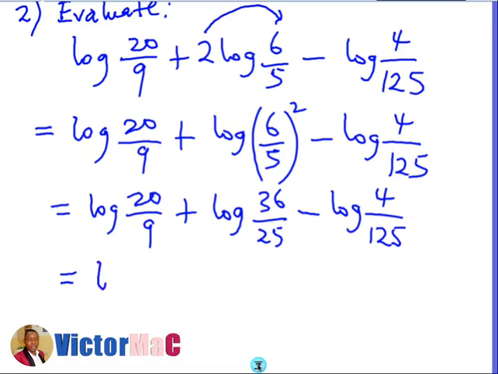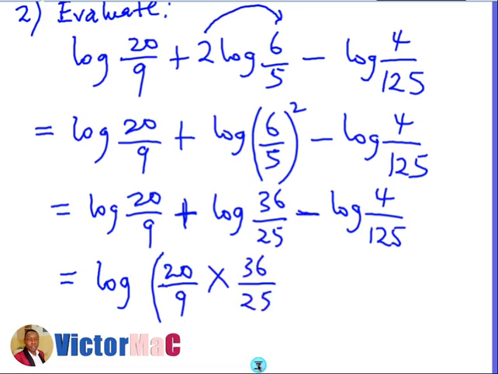So now, taking the common log to the base 10, but we can still keep the 10 for now, we might not write it for now. Then, open bracket, we have 20 over 9. The plus will change to times, then followed by 36 over 25. Now, the minus will change to division.